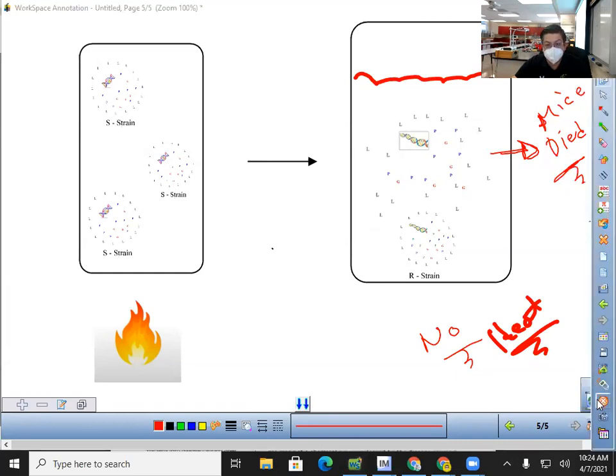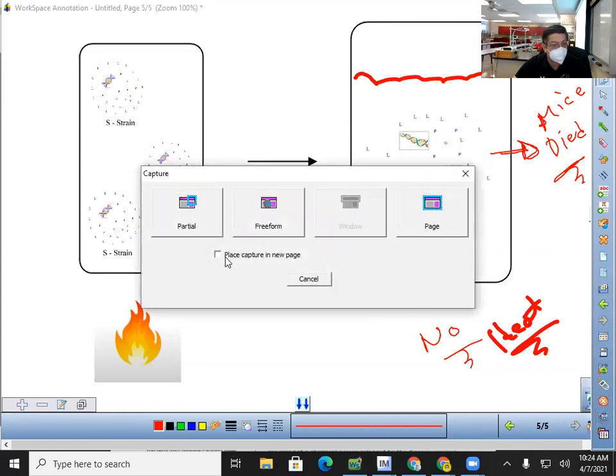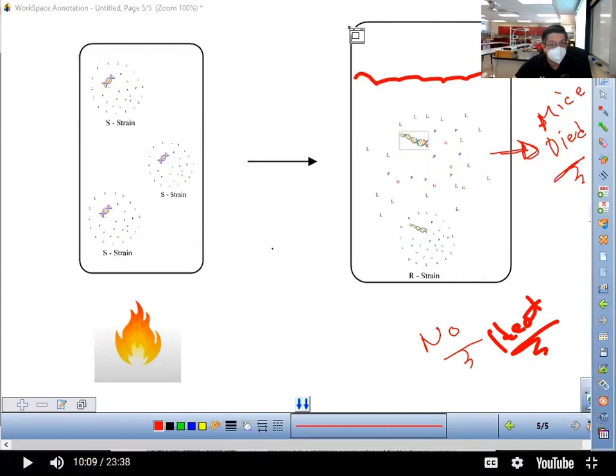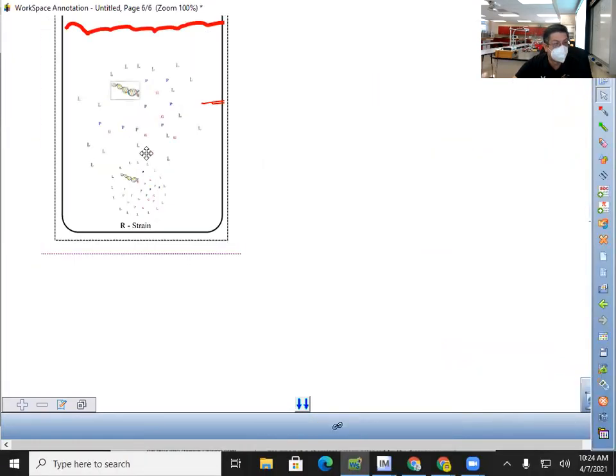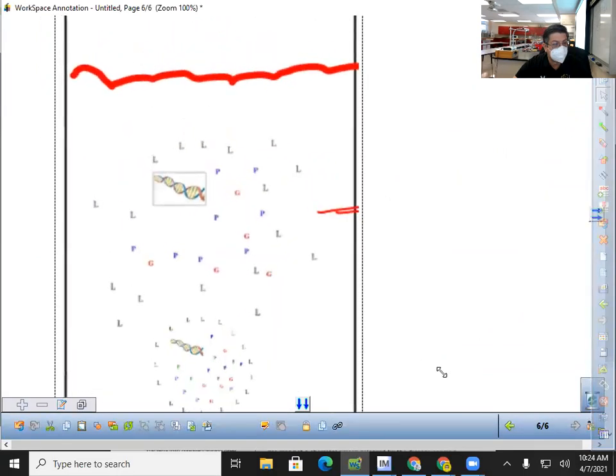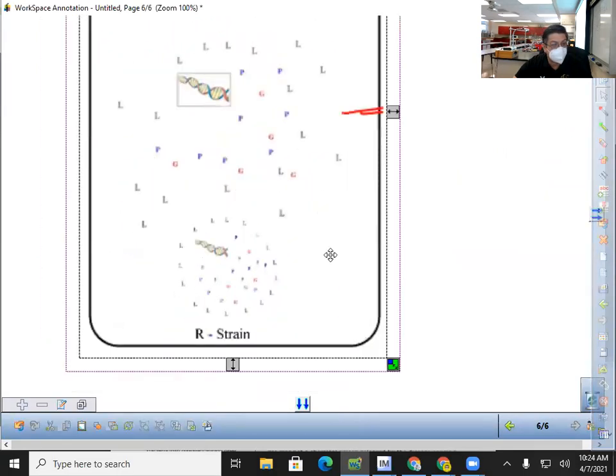Let's blow this up a little bit, so you guys can see it, because I know it's hard to see on the Zoom. What do you guys think happened?